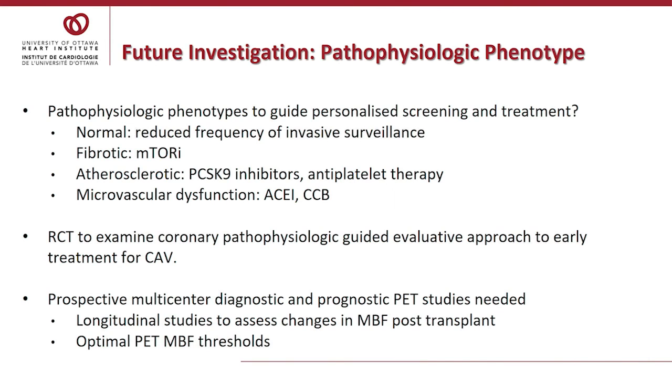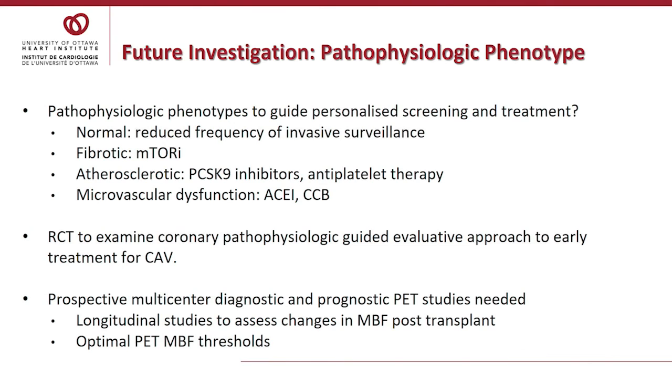What I hope that we will eventually be able to do is to define pathophysiologic phenotypes of CAV, and that this will be able to be used for personalized screening as well as treatment. As an example, if we have a patient who is otherwise normal on these investigations, then perhaps this means that we could reduce the frequency of invasive surveillance.